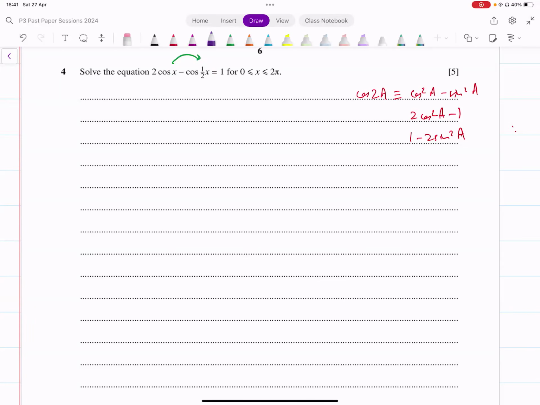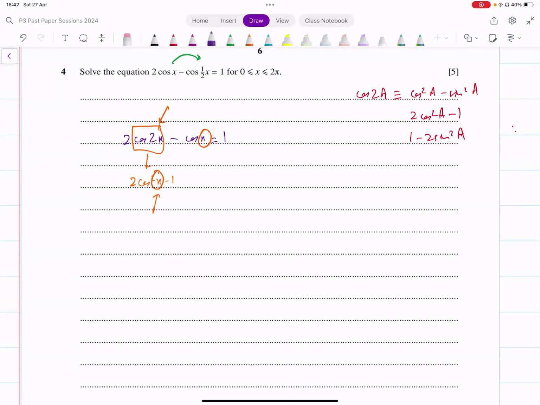Just like if this equation was 2 cos 2x minus cos of x equals 1, what you would do would be you would use the double angle identity for cos and convert this to perhaps 2 cos square x minus this part. And then we'll have x here and x here. So the double angle identity could be simplified to just this part.